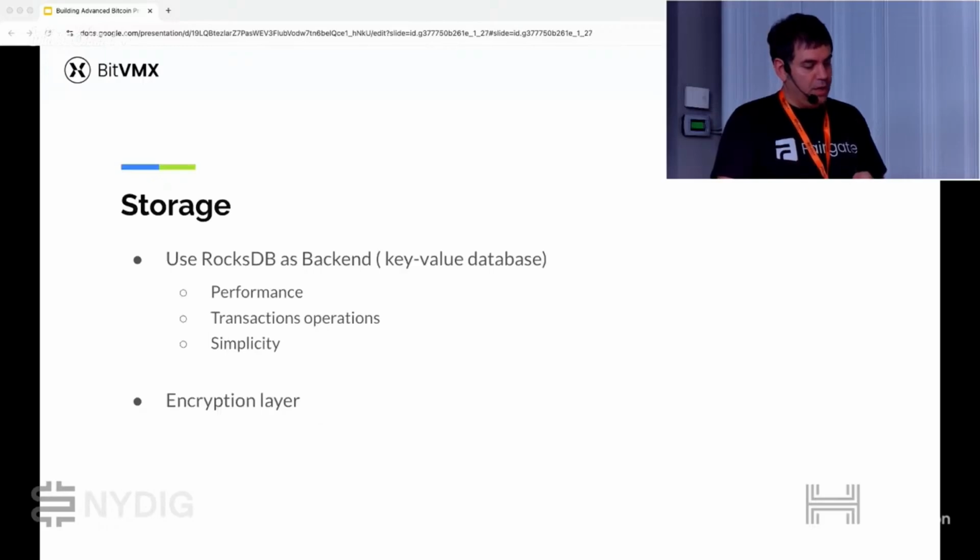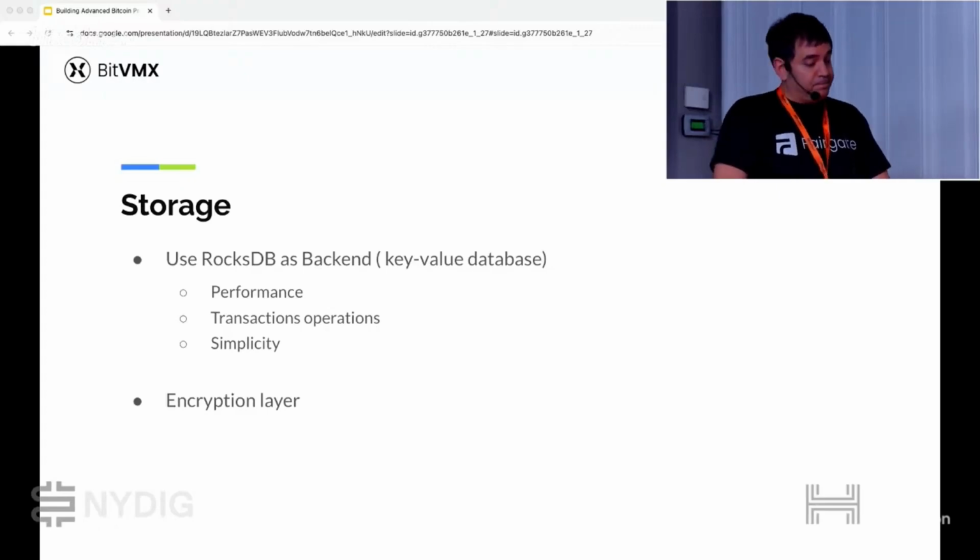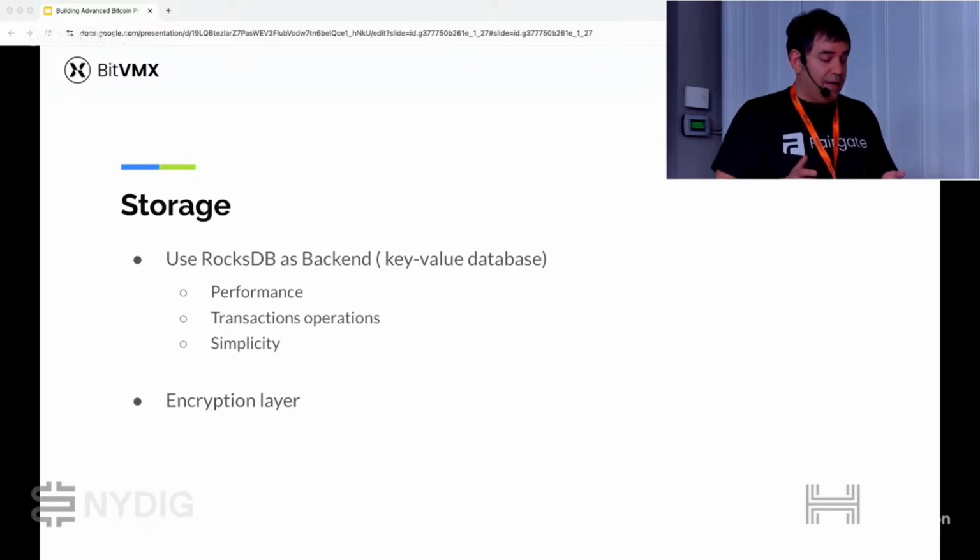For storage, we are using RocksDB as the backend. It's a key-value database. We chose it because it's very performant and supports transactional operations, which is key for being fault tolerant.